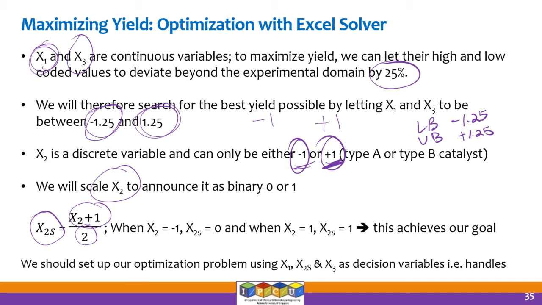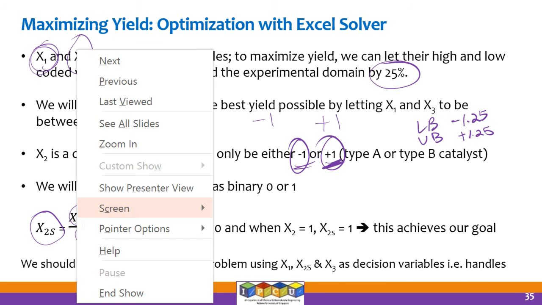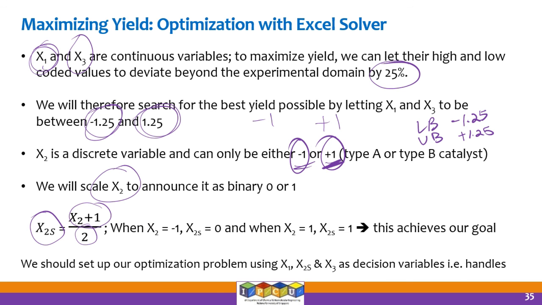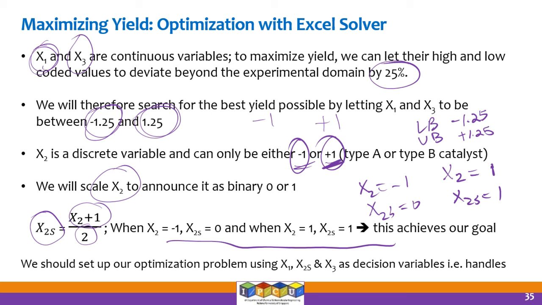When x2 is minus 1, that means catalyst type A. When x2 is minus 1, it will be minus 1 plus 1 divided by 2, which is going to be 0. So when x2 is equal to minus 1, x2s will be 0. And when x2 is plus 1, which means it is catalyst type B, x2s will be equal to 1.